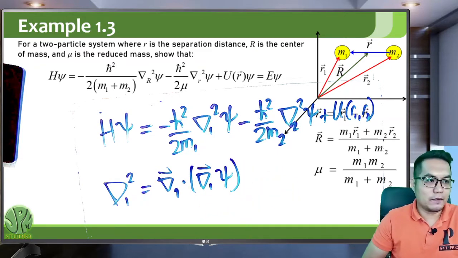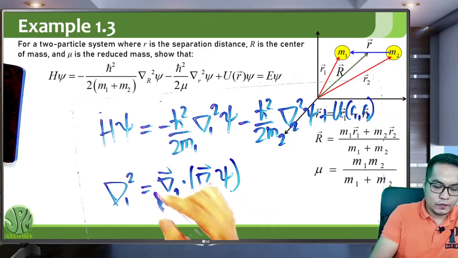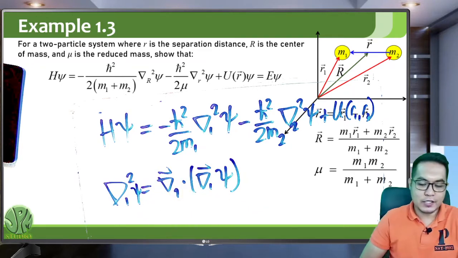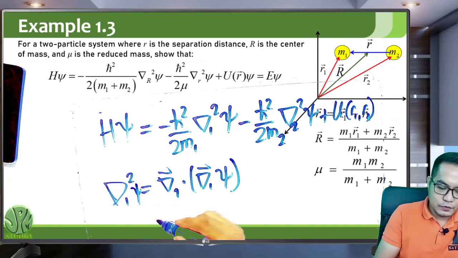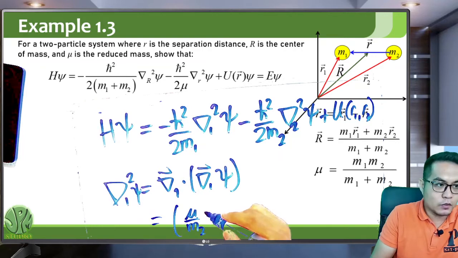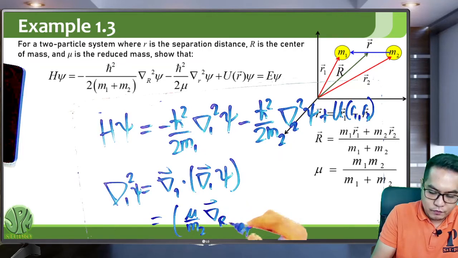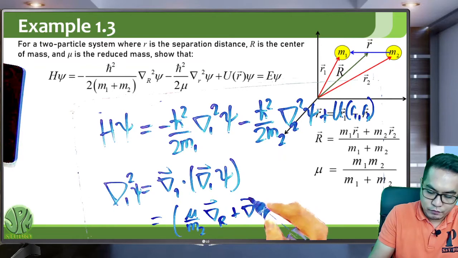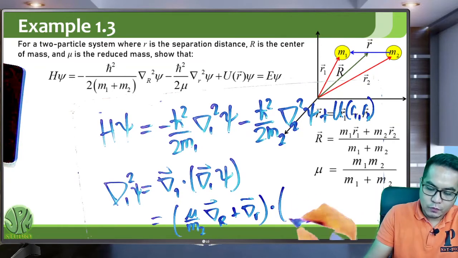So that is the definition. So del 1 squared acting on psi is just that one. So therefore, del 1 is just mu over m2. We have obtained this result earlier.